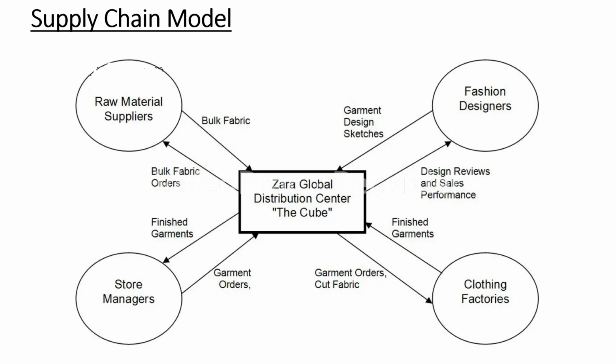Next, looking into a very high level supply chain model of Zara. Here in the middle, in the box, you can see the Zara Distribution Center, which is the hub, or the Cube as they call it. In this supply chain model, it runs as once the fashion designers bring out new fashion designs, their sketches and all.